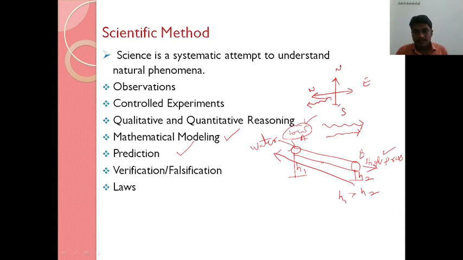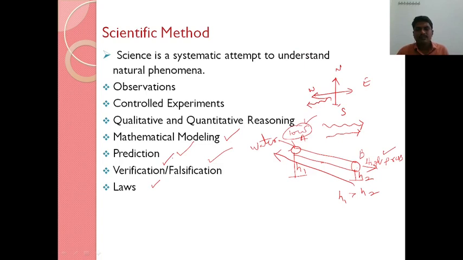If our prediction is correct, then that observation, that experiment, is verified. If it went wrong, it is said to be falsified, so it becomes a hypothesis only. If it is verified, it becomes a law.